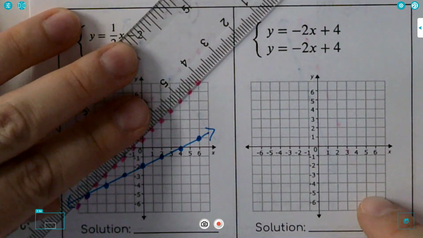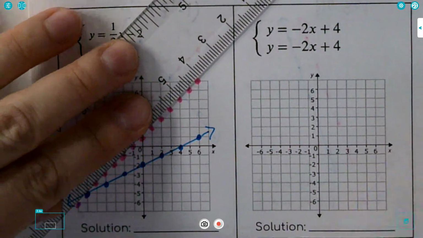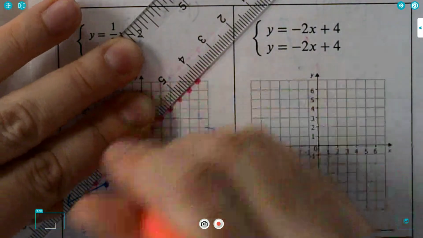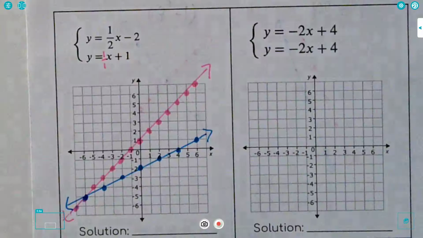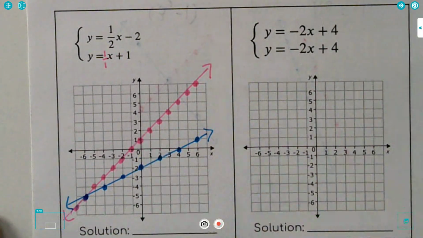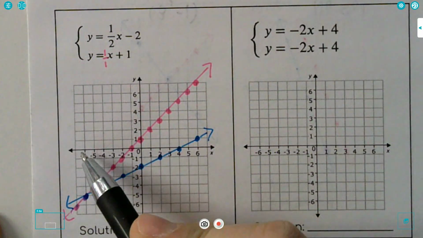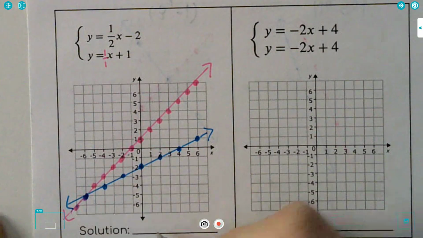Okay. So I'm connecting these. They cross down at that very bottom left here. So these two lines cross at (-6, -5).